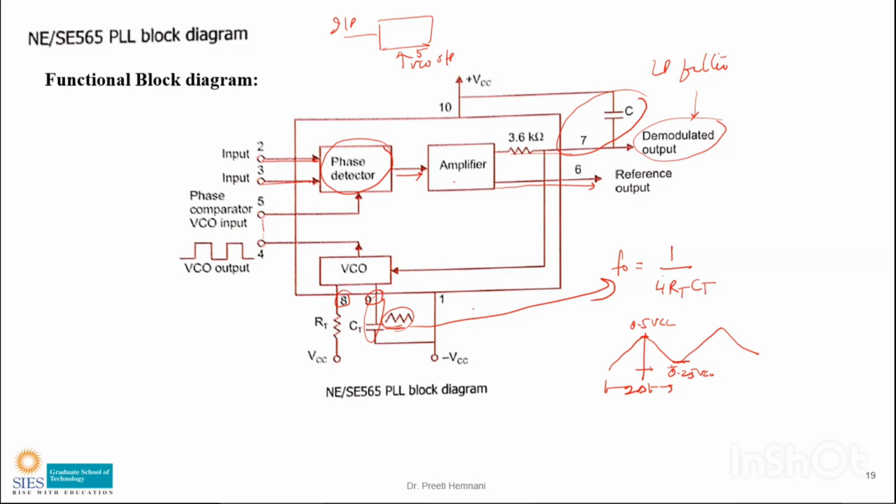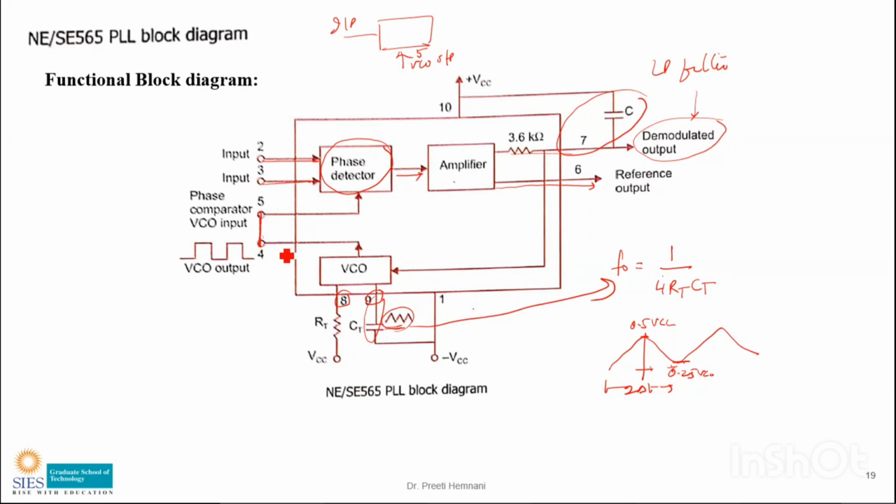Now we have seen that the PLL is internally broken. You can see pins 4 and 5 should be shorted as per the block diagram, but it is internally broken and not connected internally. We have to connect it externally, so we have to short it when we are using it. A short circuit between pins 4 and 5 will connect the VCO output to the phase comparator input.